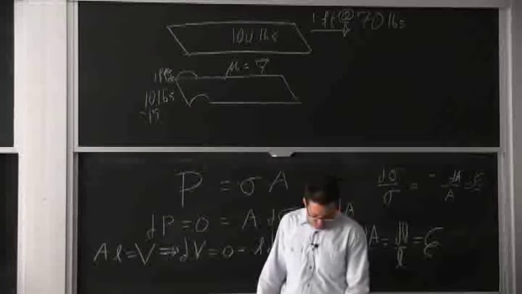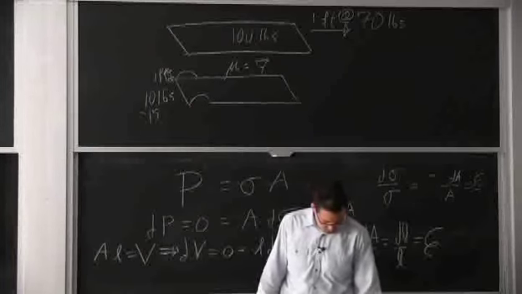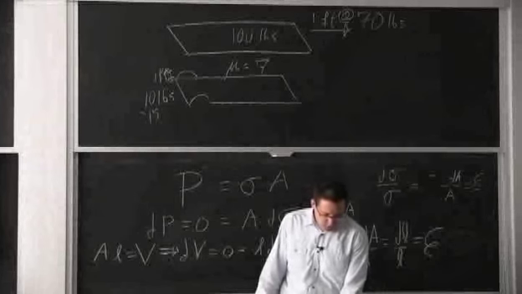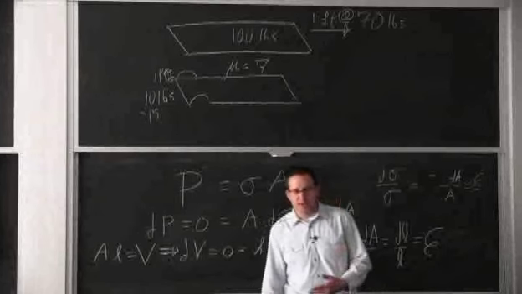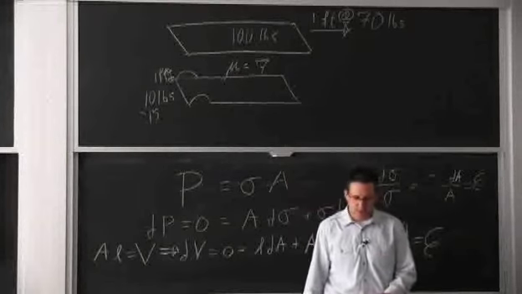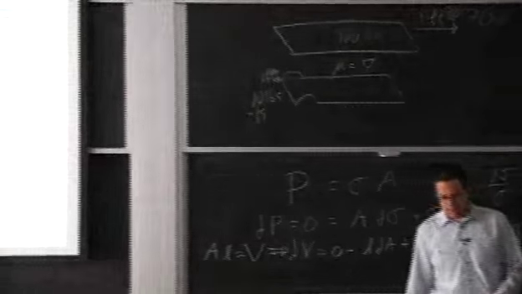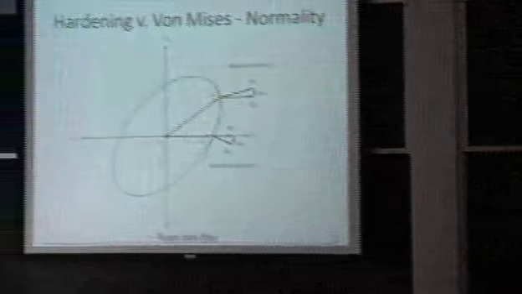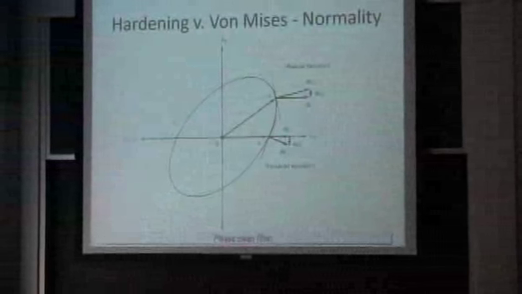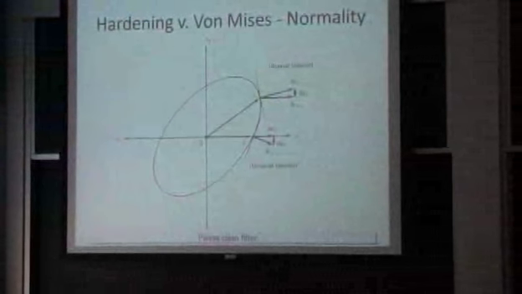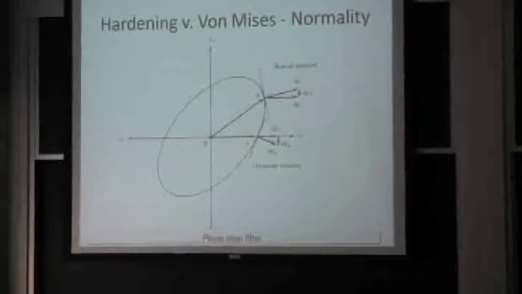Now, this is where we can't do a whole lot by hand calculation at this point. The concept I want to introduce is that von Mises cylinder we talked about. It essentially grows when you deform, and you can determine the new shape based on the concept of normality.